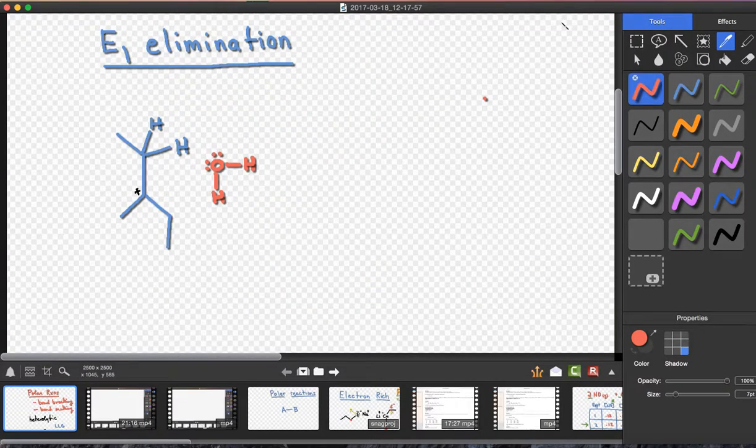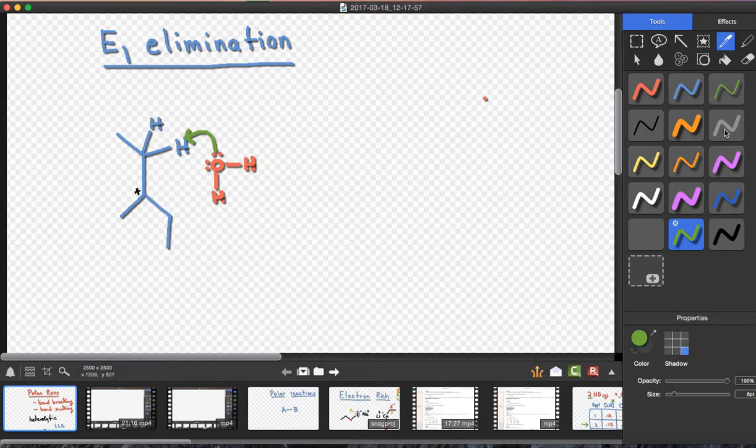So let's look at some mechanistic patterns through the lens of a specific type of elimination reaction. Elimination reactions typically will take a molecule with a good leaving group, and if it's an E1 elimination, the molecule will undergo heterolysis, forming a carbocation, and then you'll have a proton transfer. So I'm going to show this proton transfer where one of the lone pairs on oxygen will remove a beta hydrogen.